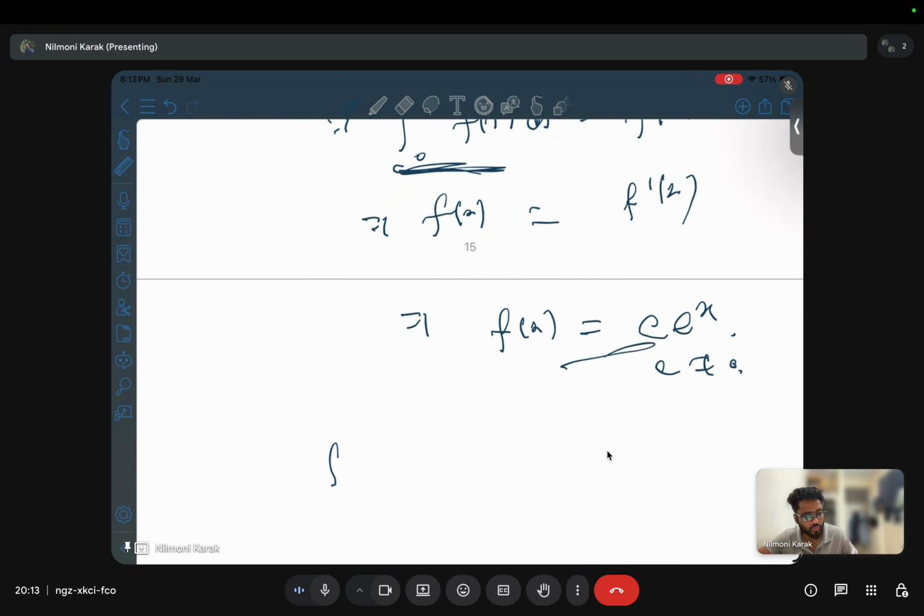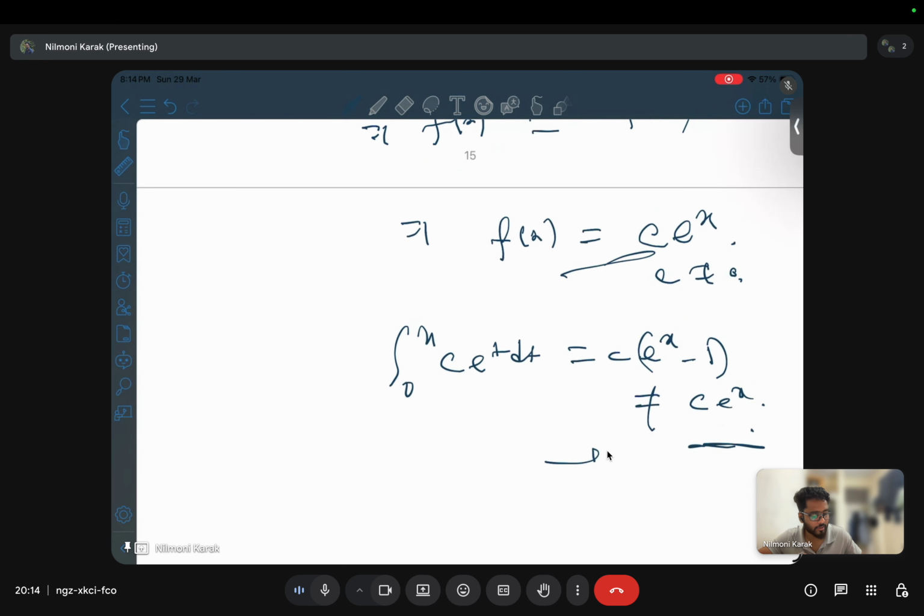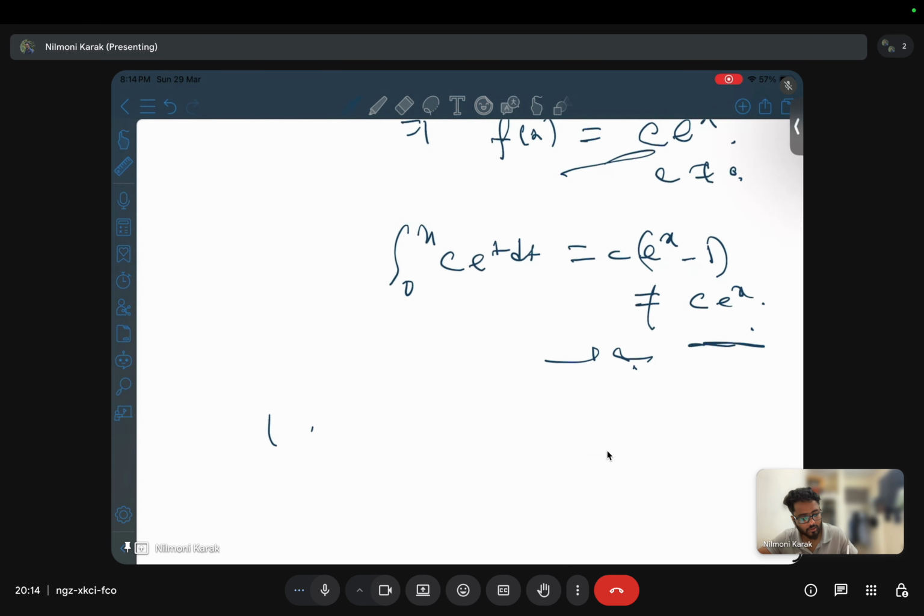Because if you put it, the integral from 0 to x of c e to the power t dt is actually c times e to the power x minus 1, and the right hand side is nothing but c e to the power x. This is not true, which is a contradiction. So 1 is not an eigenvalue.